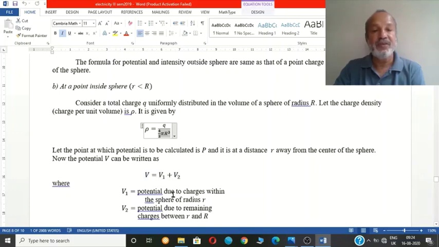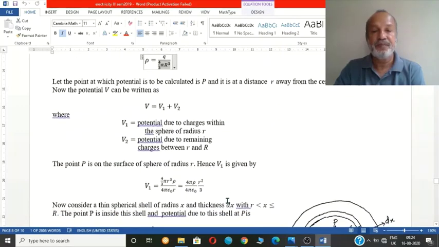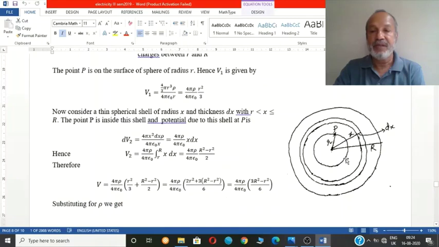V1 is the potential due to charges within the sphere of radius r. We consider a sphere of small radius r, so this point P is just on the surface of the volume charge distribution of radius small r. Suppose that potential is V1, and the other is the potential due to the remaining part of the sphere.